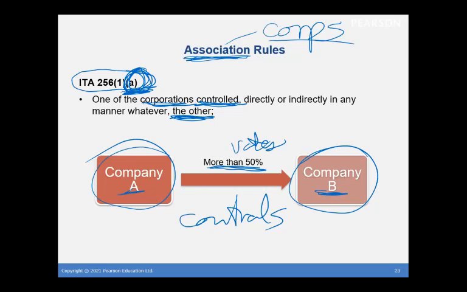Okay. So the quick answer to that is the line of business of these corporations is irrelevant for purposes of the associated corporation rules.